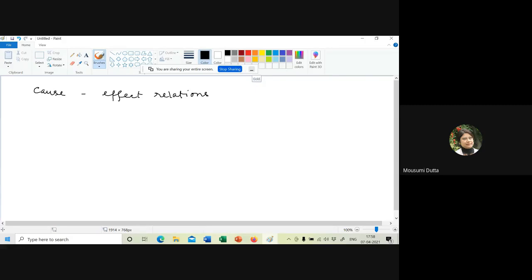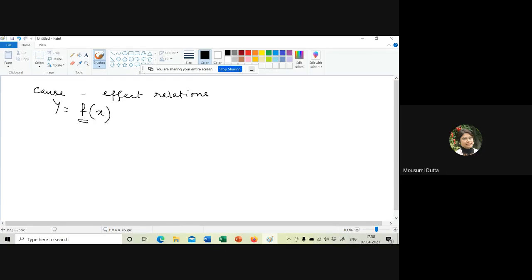So I'll talk about the cause and effect relationship. In case of econometrics, we will start with the functional form. Y is equal to f(x). Then we can define this f. Generally, we start with linearity.